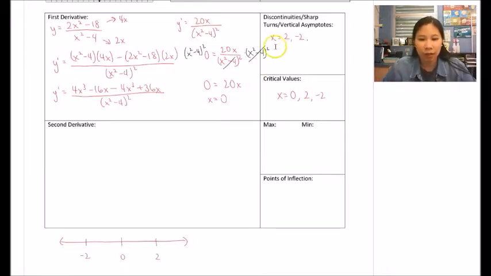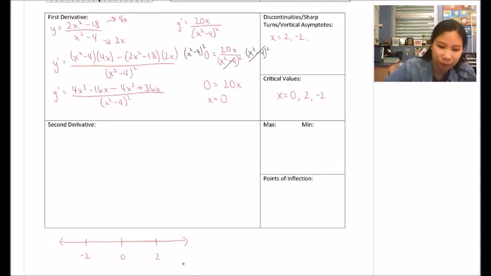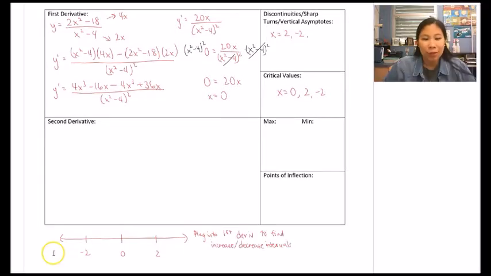So remember, on our number line, to find increasing and decreasing intervals, we are plugging the numbers around our critical values into the first derivative. So I'm going to start by plugging in negative 3 into my first derivative, and the first derivative was our 20x over (x squared minus 4) squared.